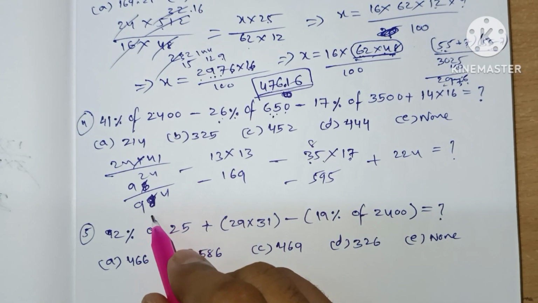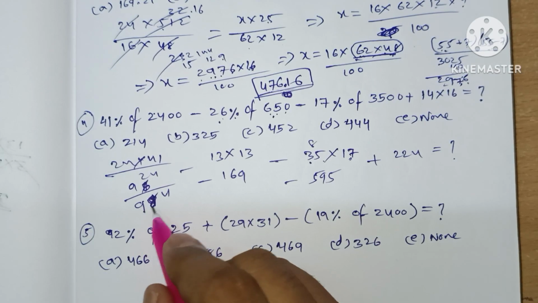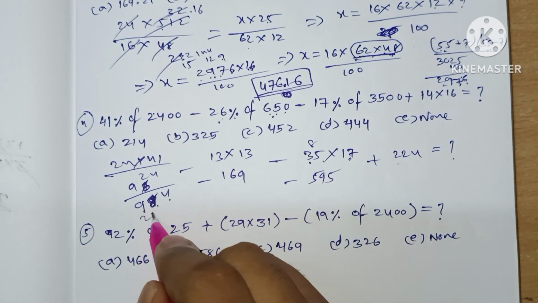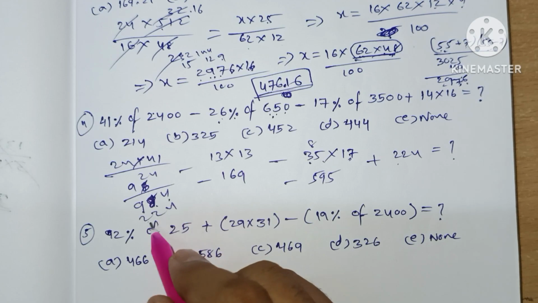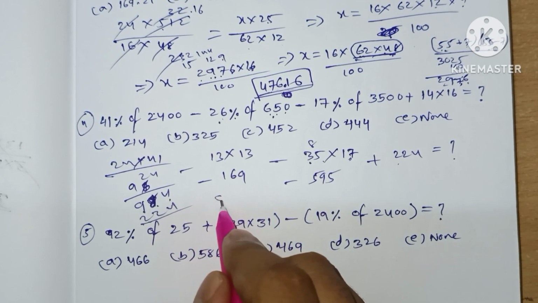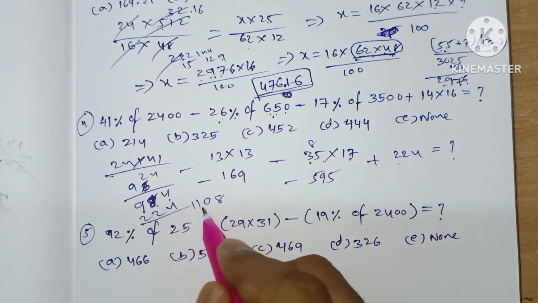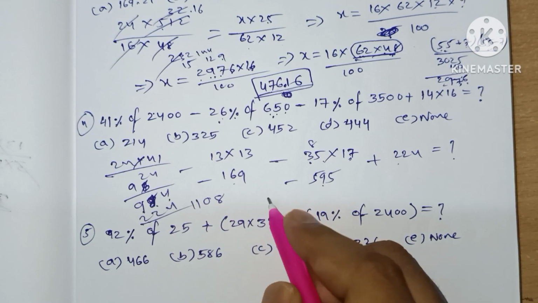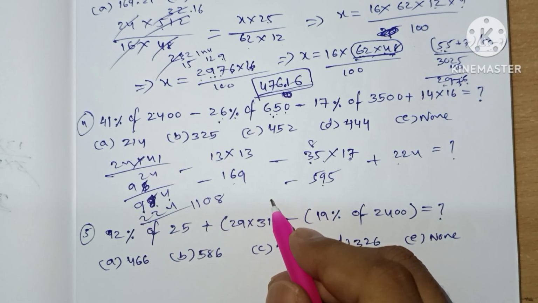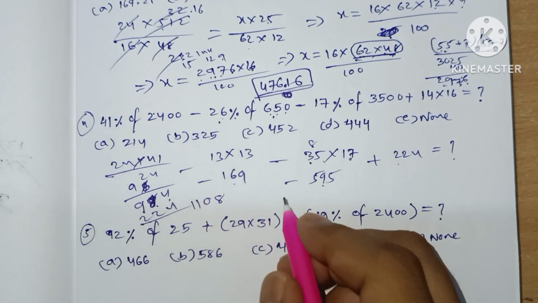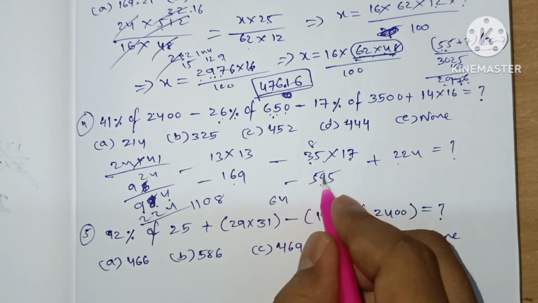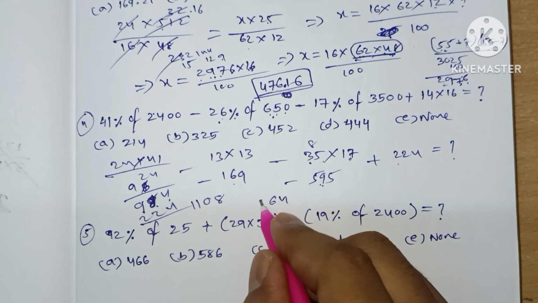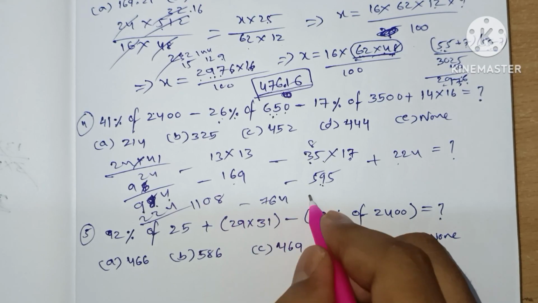So we have 984 plus 224. We totally get 1208.